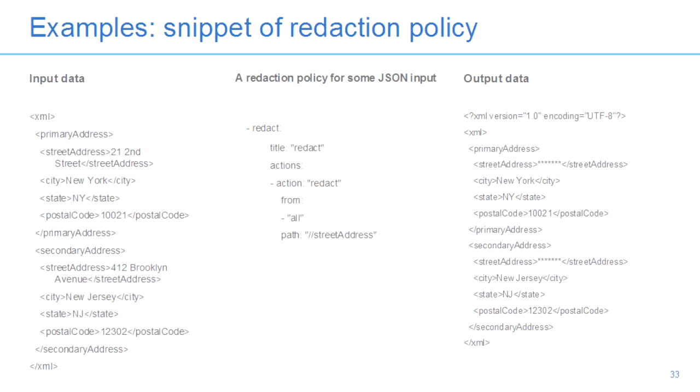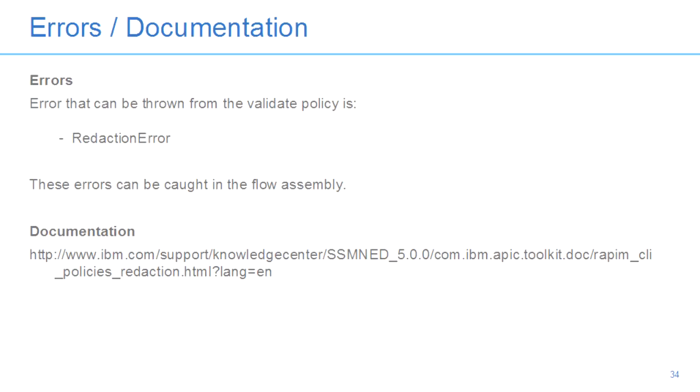So it's a very simple policy. This does throw a redaction error, and again, a link to the information in the Knowledge Center there, especially if you need to know about the XPath differences between what you need to set up for XML and JSON content.